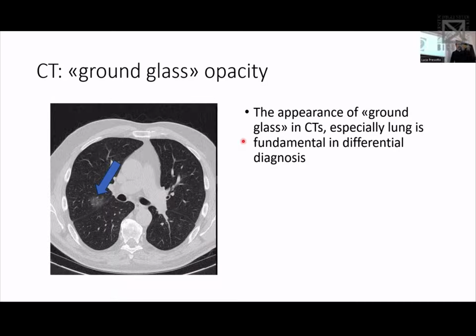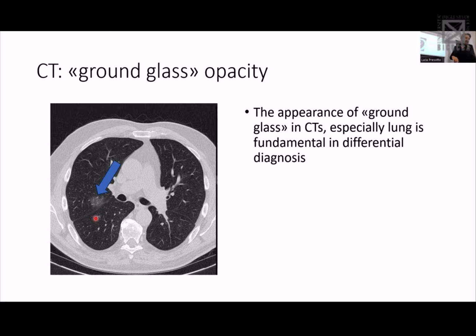But there are many other, even more complex findings, like that's one typical finding that you got from COVID-19, from interstitial pneumonia. That was really a light case, but you have what radiologists call a ground glass appearance.